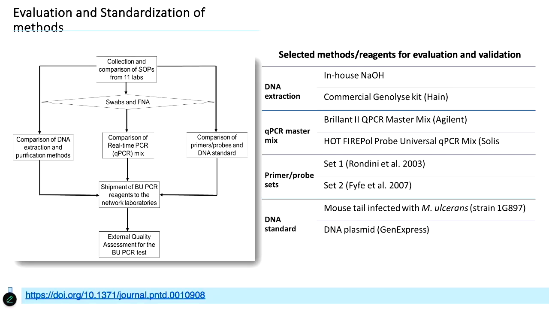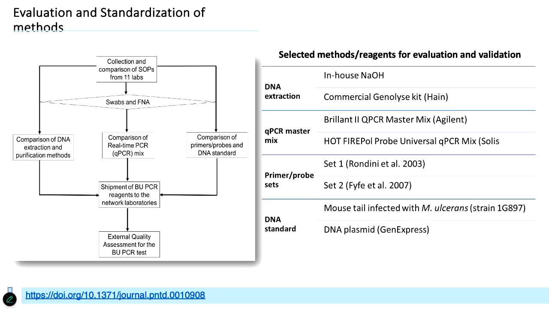So for the DNA extraction method, we selected the alkaline lysis method, which we know to be rapid, cheap, and sustainable. For the master mix, the idea here was to select one which is compatible to all thermal cyclers and which could be shipped at room temperature.